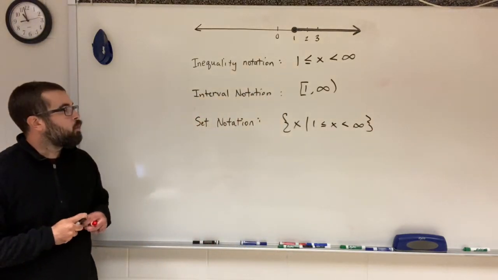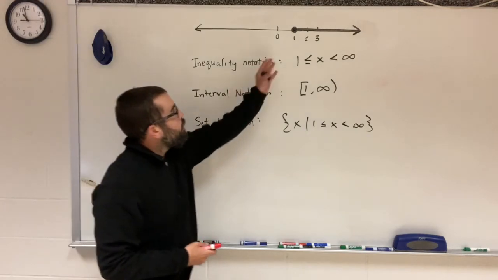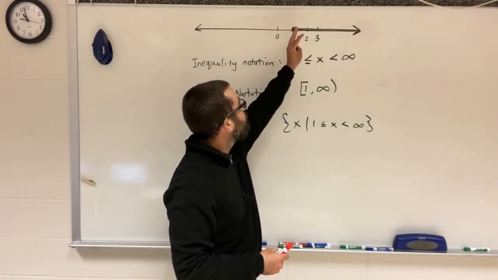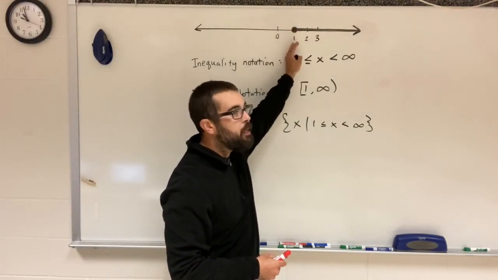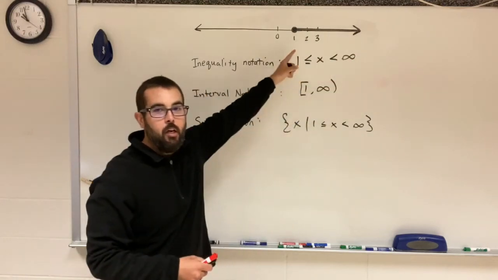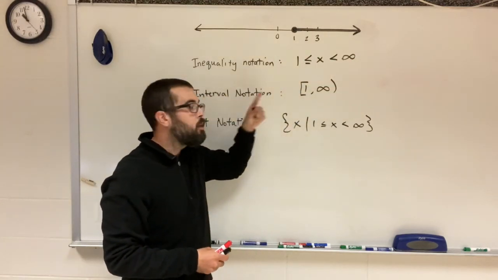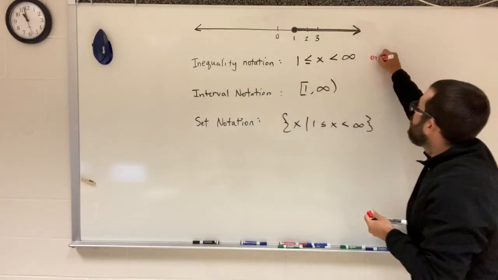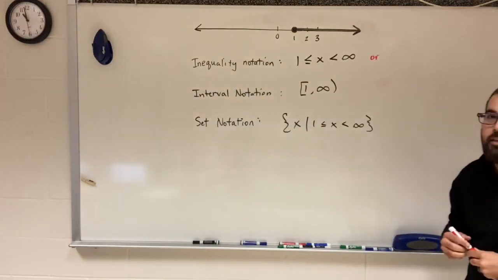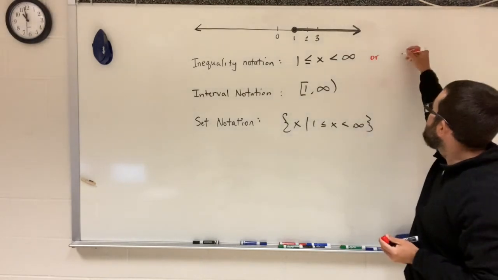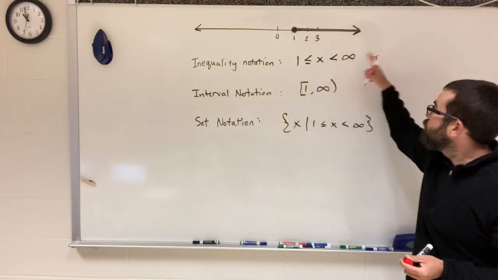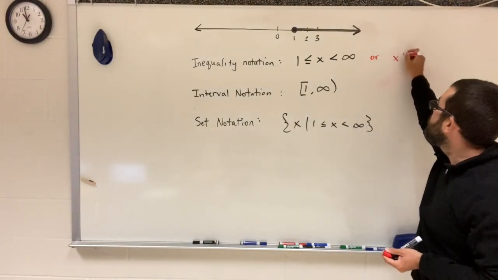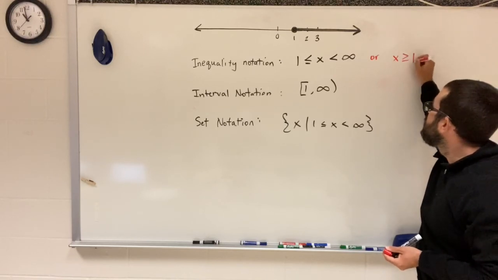Now, I want to mention one thing. When you have a set like this where you're starting at a number and going to positive infinity or to negative infinity, you can also write the inequality notation like this. Instead of this notation, you can simply write x has to be greater than or equal to 1.